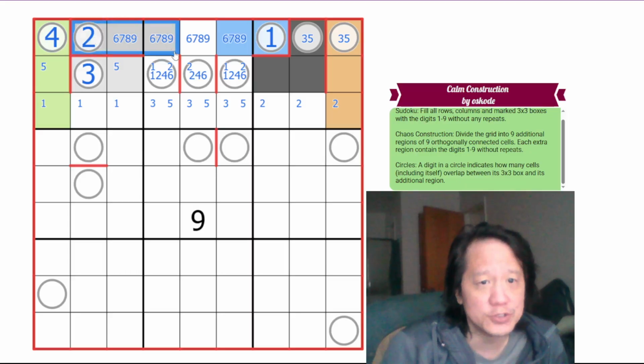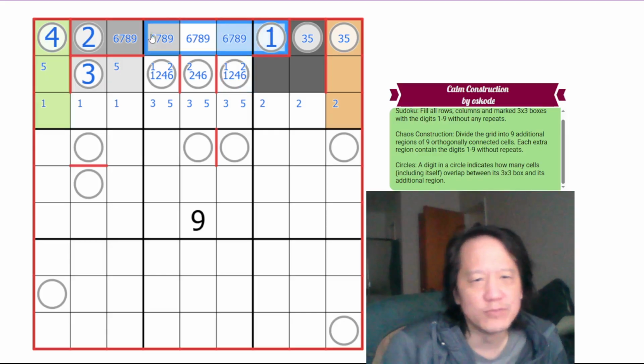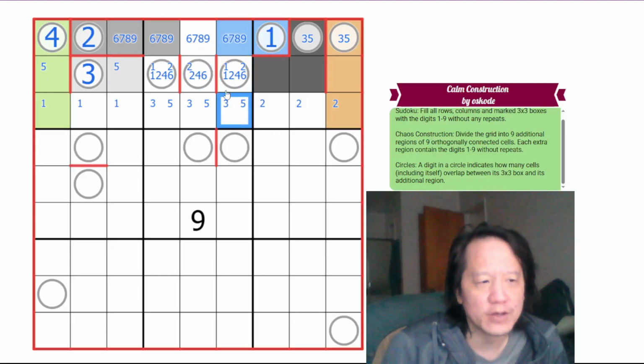This cannot be 2 either, so this must be it. How does that work? This can't be 2 and this can't be 2. It has to be the same region. That's the reasoning why we know this is the same region.